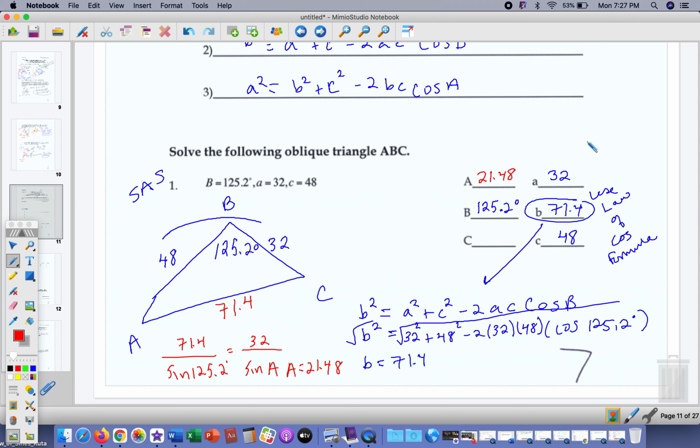When I do 180 minus that, you have close to 60, and if you add 60 with 125, you're already over 180, so we know there's only one triangle. Then for C, we can just do 180 minus those two angles, 21.48 and 125.2, and you're left with 33.37 degrees. Okay, that's the end of page 7.